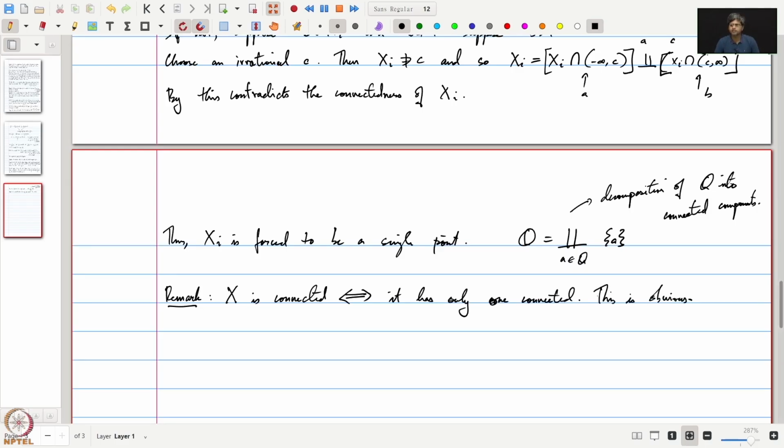Because if X is connected, then given any 2 points X and Y, the subset T can be taken as equal to X. Right? So therefore, there will be just one equivalence class in the decomposition. And conversely, if there's just one equivalence class, then that has to be X, and therefore X is going to be connected because each equivalence class is connected.